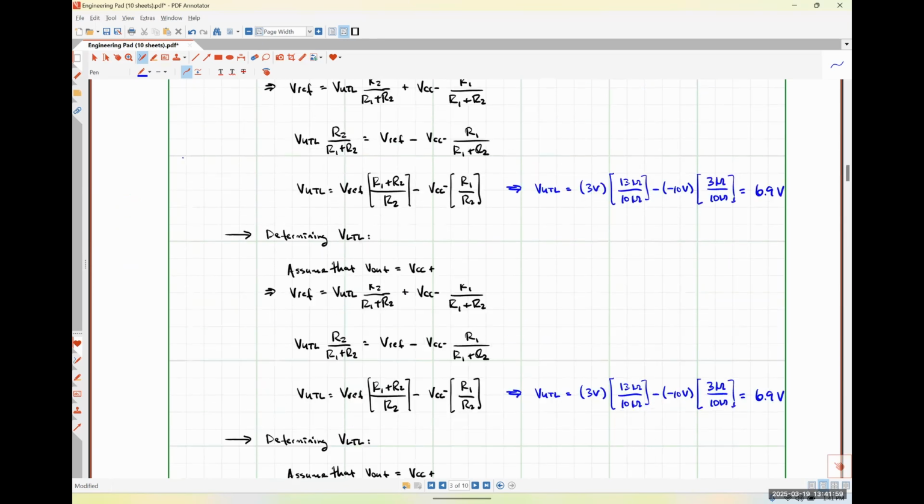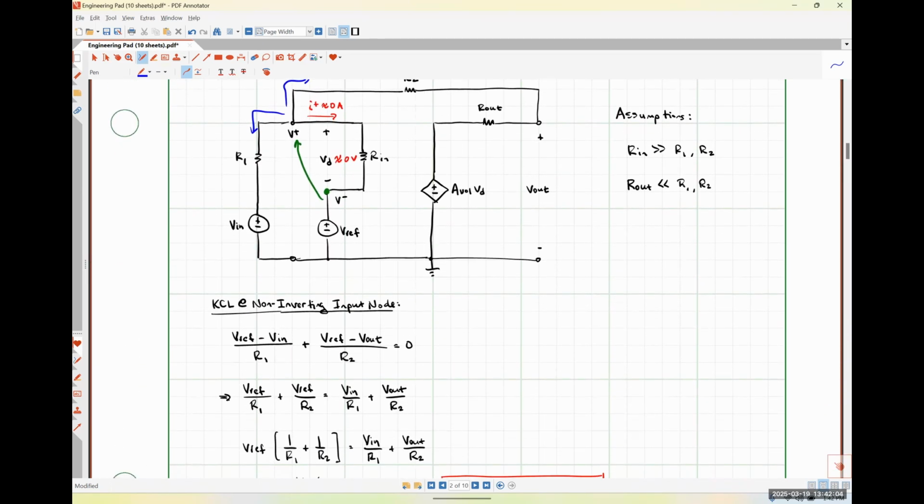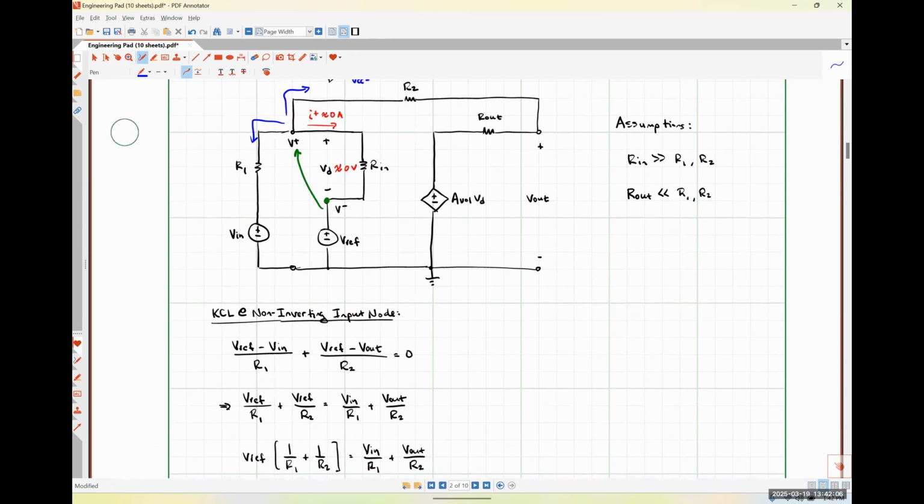All right, so this circuit right here is my practical op-amp representation of the non-inverting Schmitt trigger. So what would be the only change that we would need to make this an inverting Schmitt trigger? What would that change be?